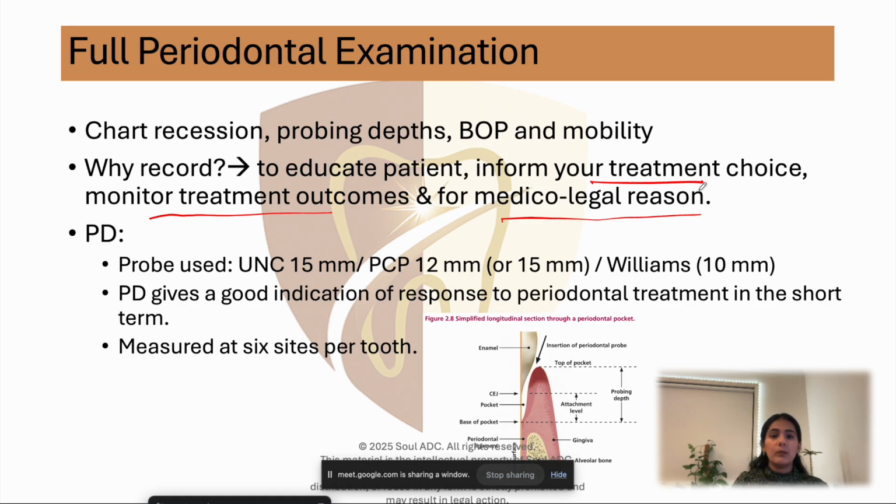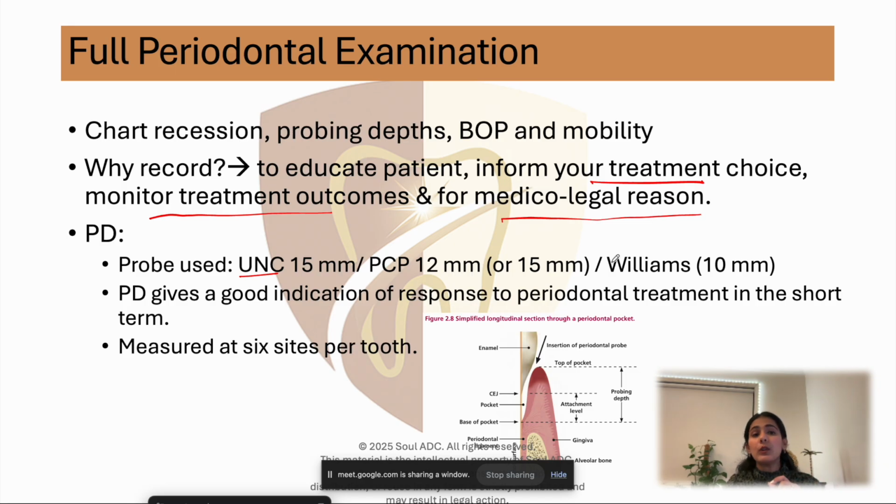Okay, so probing depth, how are we going to check? With your UNC probe, your Williams probe, your PCP probes. There are different types of probes available in the market. You can use anything, and by that you can check how deep the pocket is. Now, this will tell us how good the condition of the patient is for the short term.